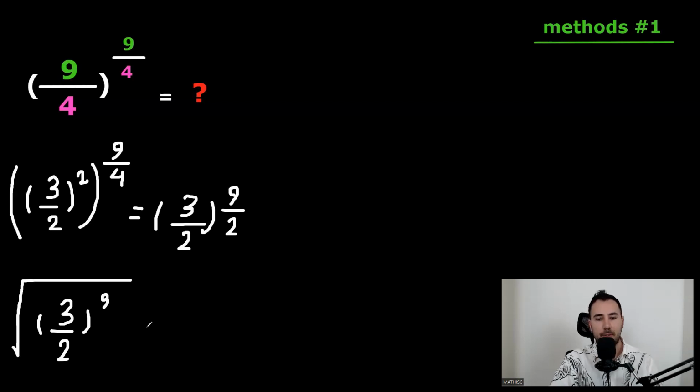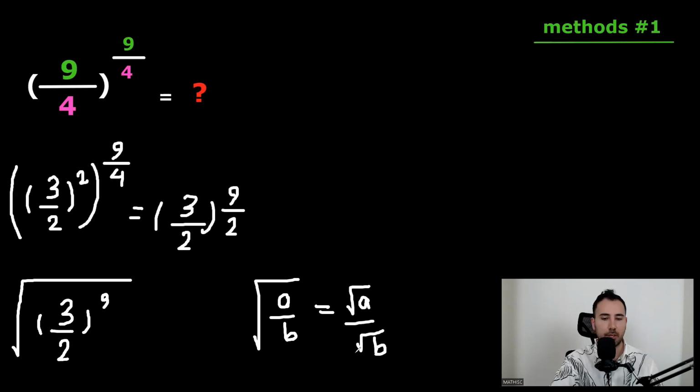So, okay, we know that, I'm going to write something here. If we have this A over B and a radical like this, we are allowed to write it as radical A over radical B. So I'm going to write it like this.